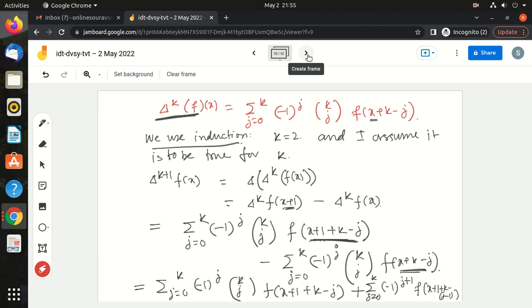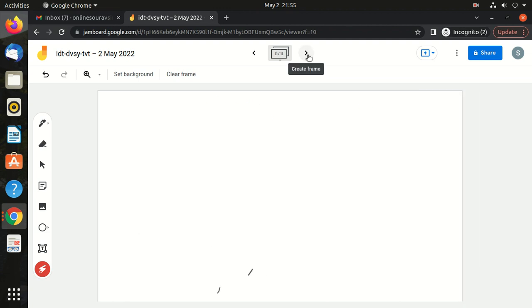Please, sir. No, sir, but can I say something: if for j from 0 to k we take common minus 1 whole to the power j, k choose j, then f of x plus 1 plus k minus j minus f of x plus k minus j is equal to delta of f of x plus k minus j. That proves that delta of delta k f x. So what you are saying is, let me write it here, just repeat it again.